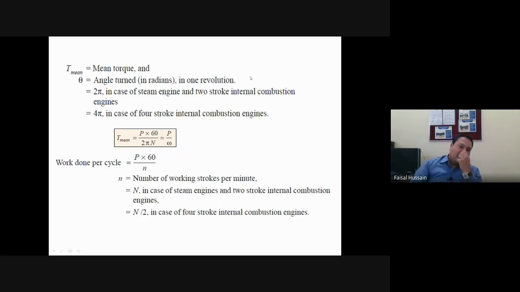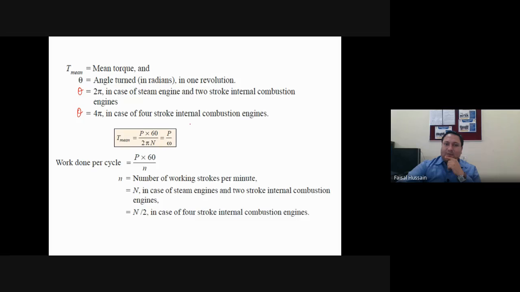Now let T mean be the mean torque, and theta be the angle in one revolution. Theta equals 2 pi in case of steam engine and two-stroke internal combustion engine. Theta equals 4 pi in case of four-stroke internal combustion engine.